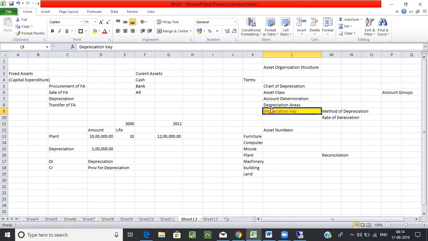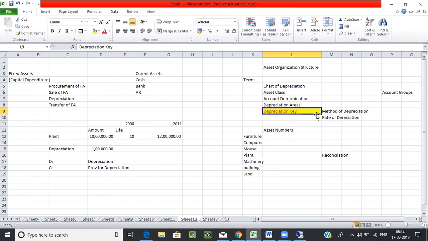Again, in the depreciation key, we can see multiple steps, multiple points that are to be considered, that we will see slowly. So on the whole, these are the important terms of depreciation.